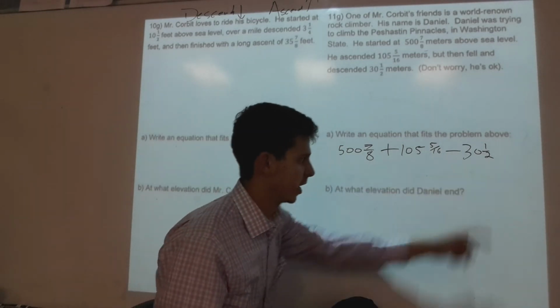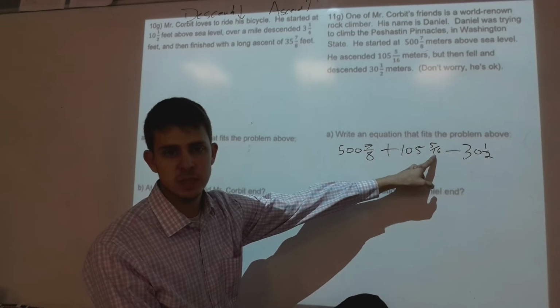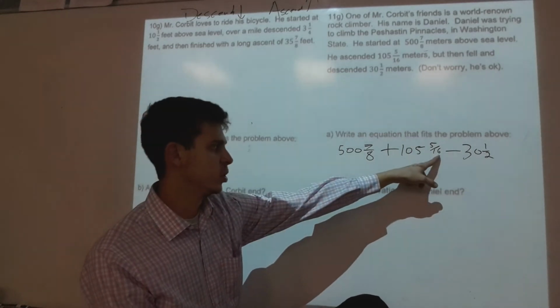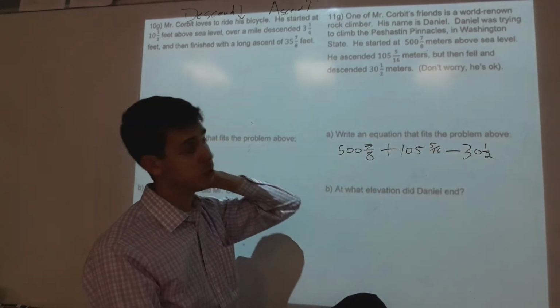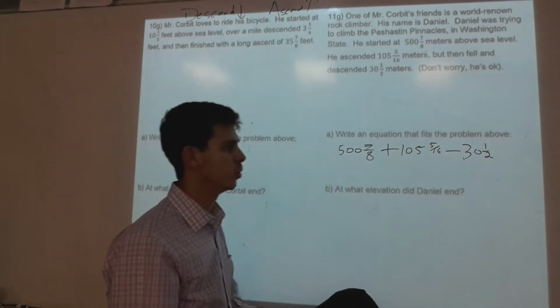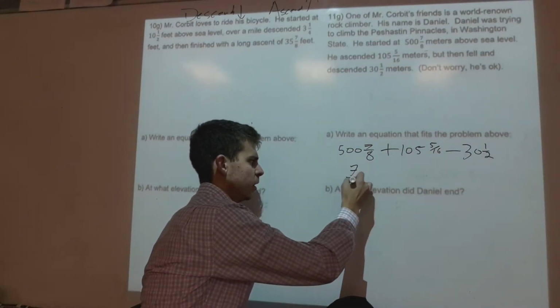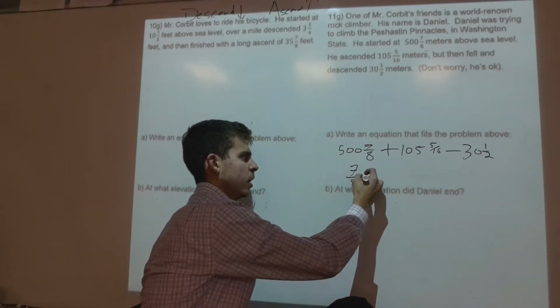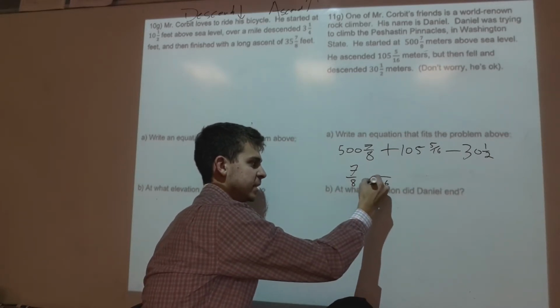So if we look at all these fractions, they will all be able to go into 16. 16 goes into 16 1 time, and 8 goes into 16 twice, and 2 goes into 16 8 times. So let's convert all these fractions to a denominator of 16. So 7/8. If we want it over 16, I know that the 8 goes into 16 twice.